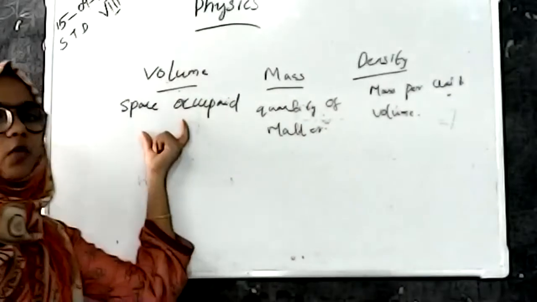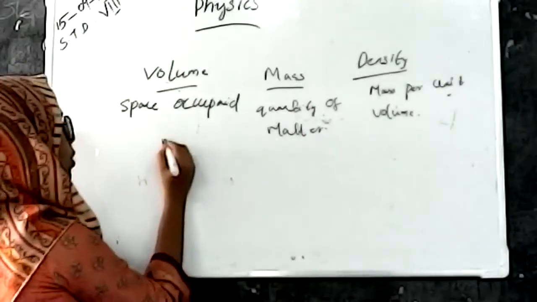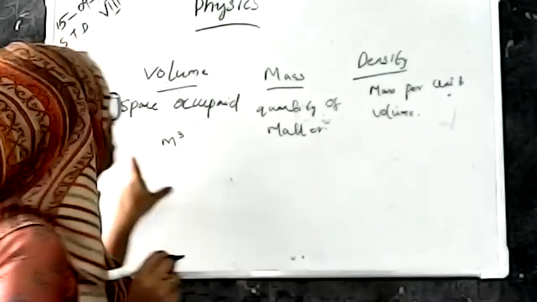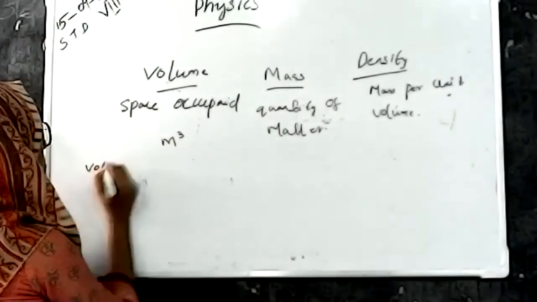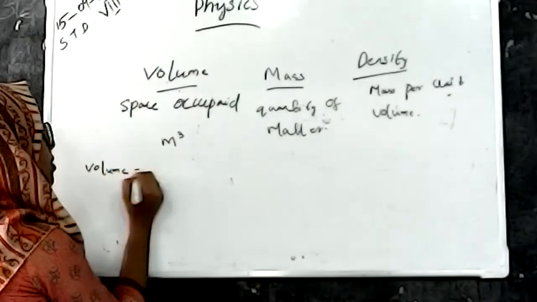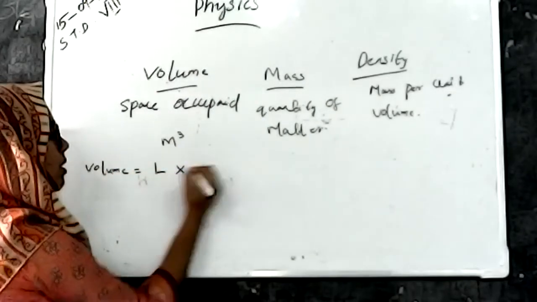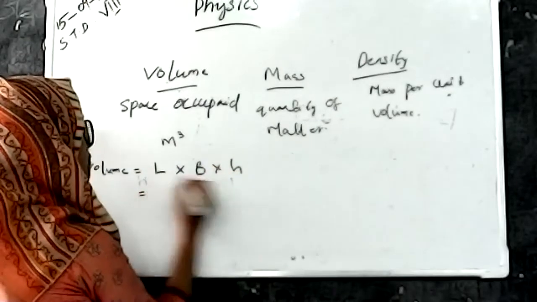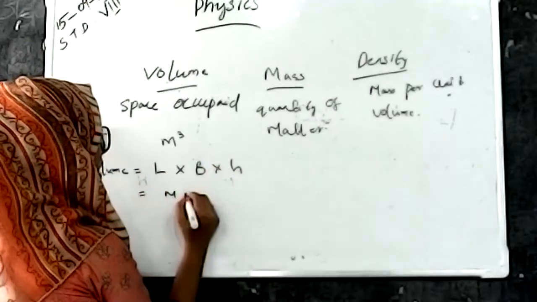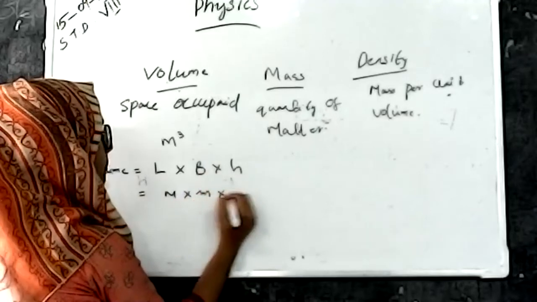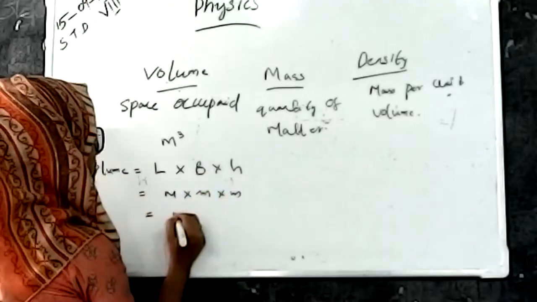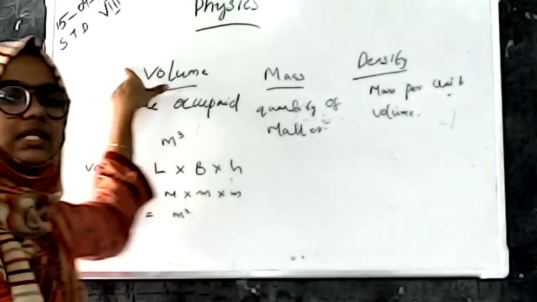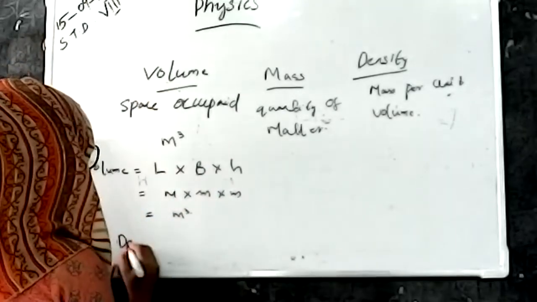And the unit of volume is meter cube. How do we get the meter cube unit? From volume equals length into breadth into height. The basic unit of length is meter. So we find meter cube is the unit of volume and it is a derived unit.